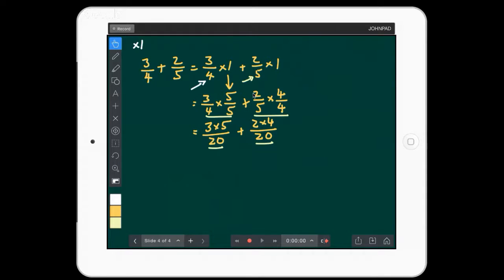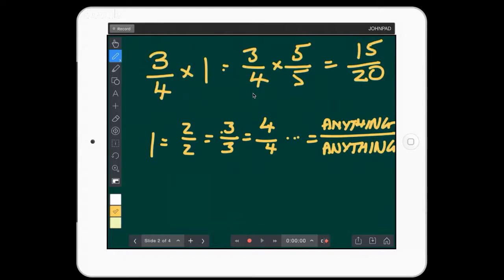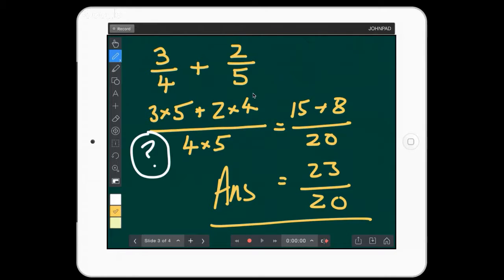This, of course, is going to be the same as 3 times 5 plus 2 times 4 over 20, which is 23 over 20. The same answer, of course, that we got before. But this time, we can understand how the common denominator part of it works, because these 2 numbers arise from multiplying by 1.